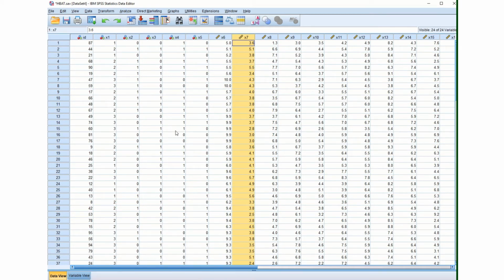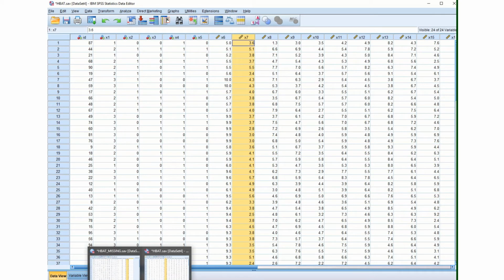If you input the textbook data, the HBAT data, directly and you don't move things around, some of these observations have been moved around in my data set, so don't let that throw you off if you're corresponding with the textbook and looking at this data set here. The process is the exact same as you move forward. Okay, so that's good to know, and that's something to keep up with.